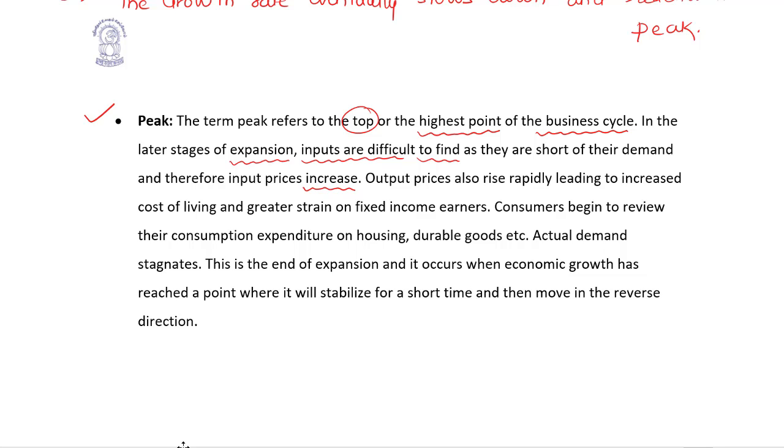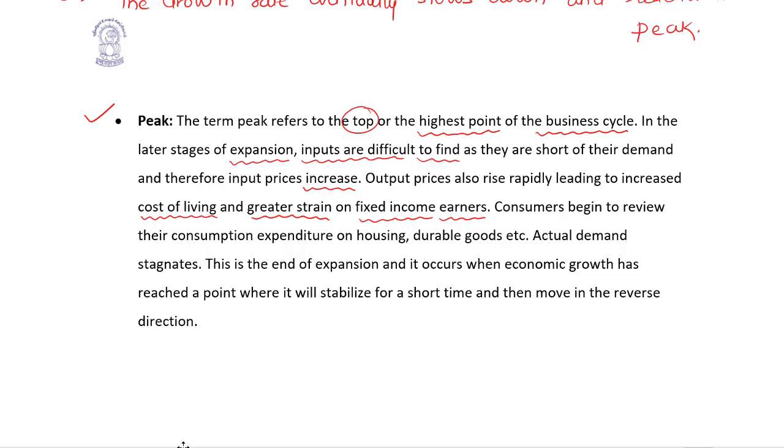Output prices are also rising rapidly, leading to increased cost of living and greater strain on fixed income earners. More pressure on fixed income earners because the cost of living is continuously rising.